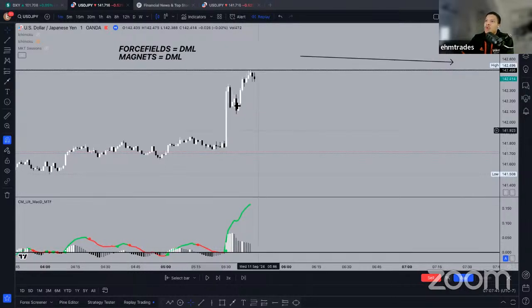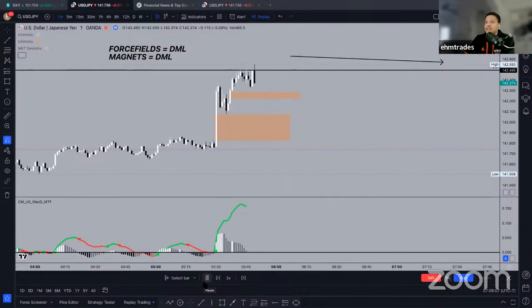And so we ended up getting to this point, okay? We ended up getting all the way to this point, filling that inefficiency of price action that was generated way back, creating its own area of inefficiencies, right? And so let's mark it. Boom. Inefficiency, inefficiency. Let's see what happens here.